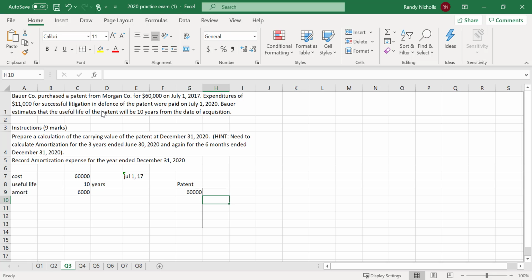Now the July period here, that's intended to make sure you get the periods right. So July 1, 17, so July 1, 18, I'm going to book $6,000 of amortization. Again, could go to an accumulated amortization account, but with intangibles, a lot of time it just goes to the account. And then I'm going to do the same on 19 and the same on 20.